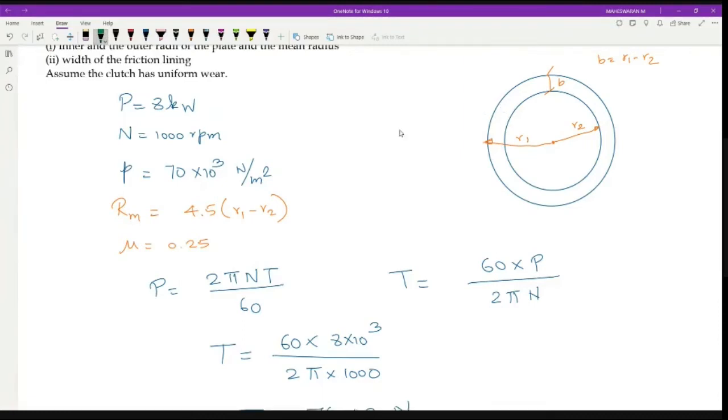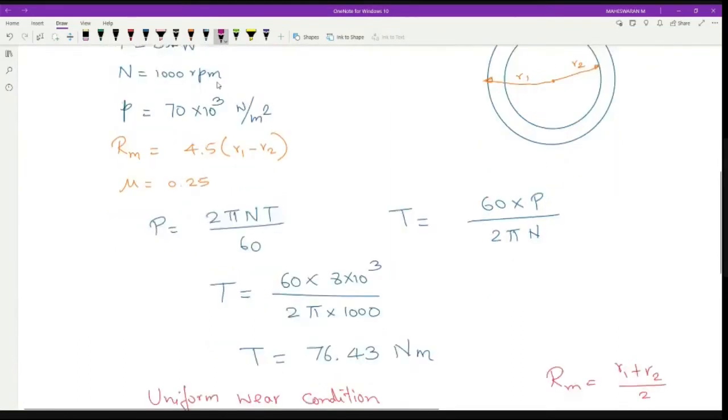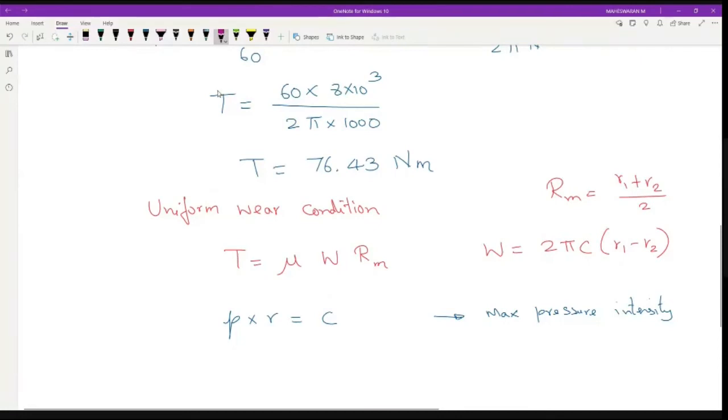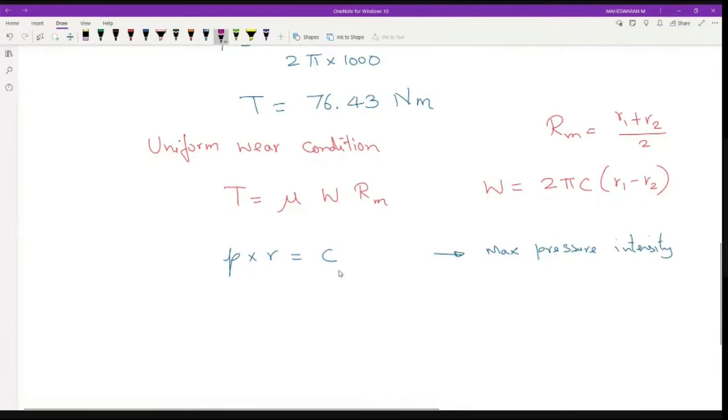That is what we call the maximum pressure intensity. Can you justify where you have maximum pressure? I can write it in two cases: P into R1 is equal to C, or P into R2 is equal to C. Now, where do you have maximum pressure?